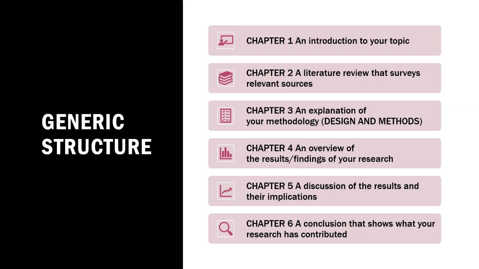I will usually check chapter 7 or 6, whatever the last chapter is, to see if you actually fulfilled the aims and objectives that you wanted to in your study. So that's more or less a generic outline that you'll find in most dissertations.